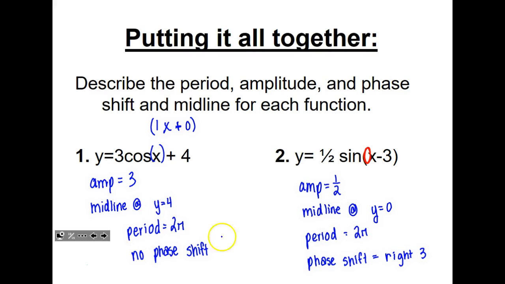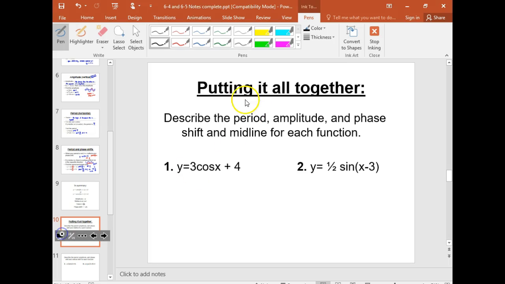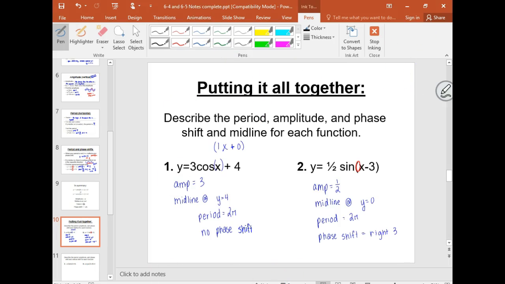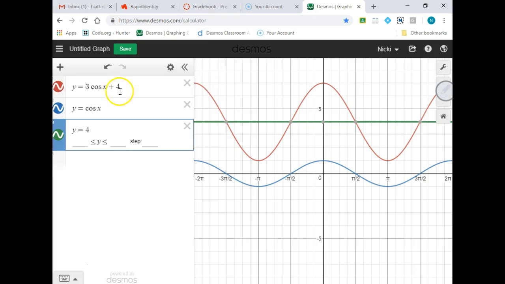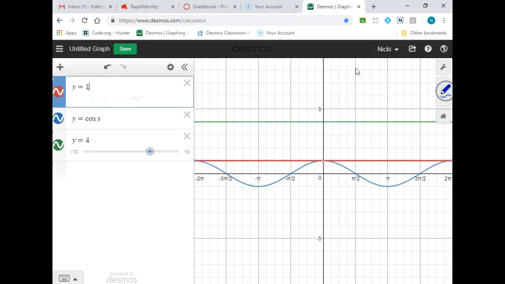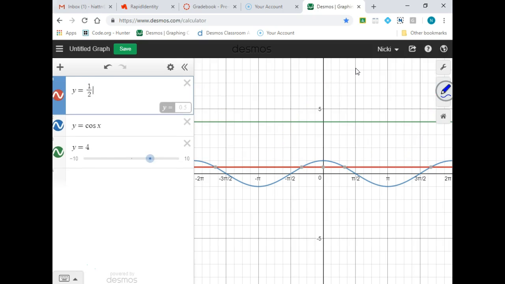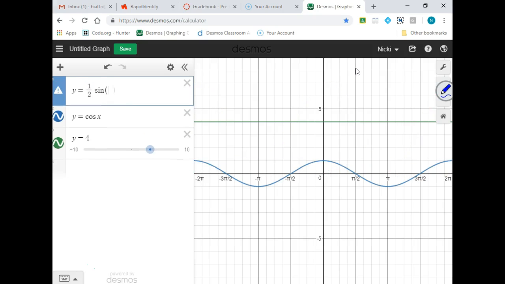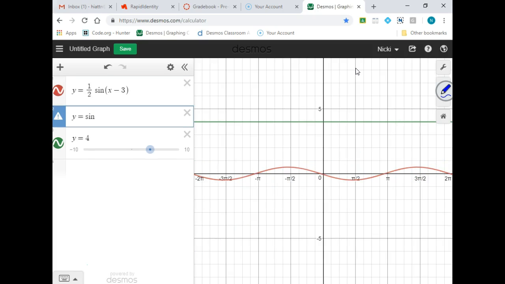All right, let's look at this graph real quick. If we graph, let's see, what was it, 1/2 sine of x minus 3? Is it sine or cosine? Sine, okay. If I got that right? Okay.